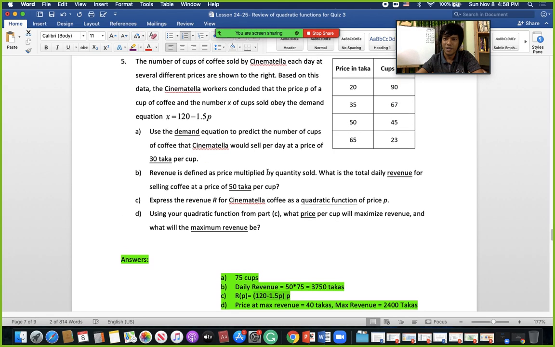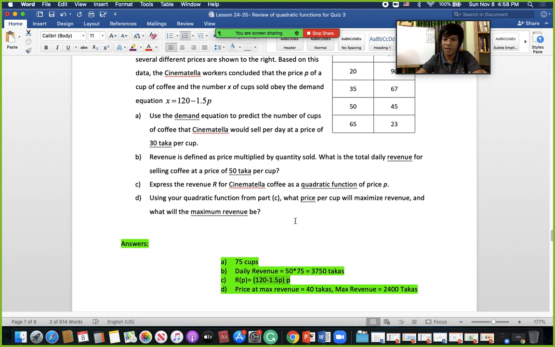Some students are not at all careful about the capital letter and the small letter. They always mean something. This p is a small letter because in the function the other p is a small letter. Anyway, so this is the quadratic function. And if you want, you can write one more line, R of p equals 120p minus 1.5p squared.